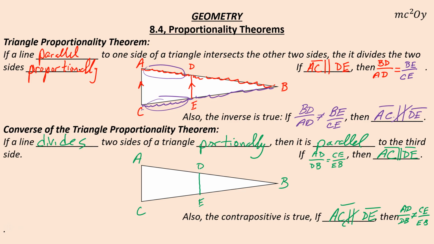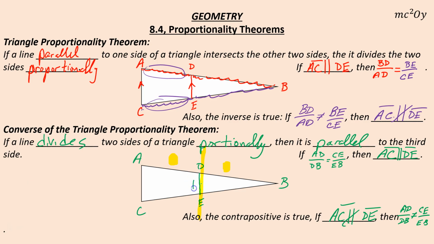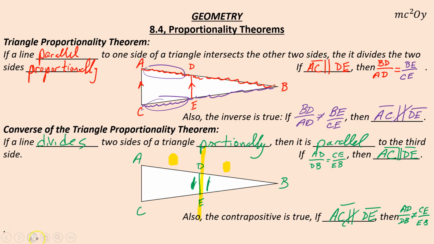One thing that gets confusing in this lesson is knowing how the fractions lay out. So let me kind of show you that really quick. If you were to envision this as a big fraction bar kind of right here, really what we're saying is this piece right here over this piece is equal to, think of a big equal sign here, and then this piece over this piece.